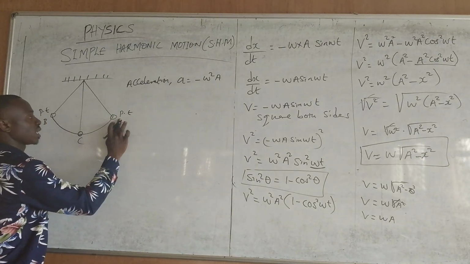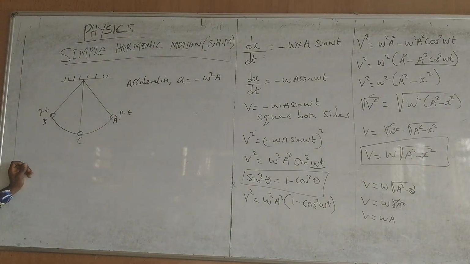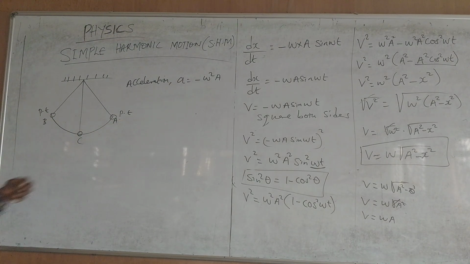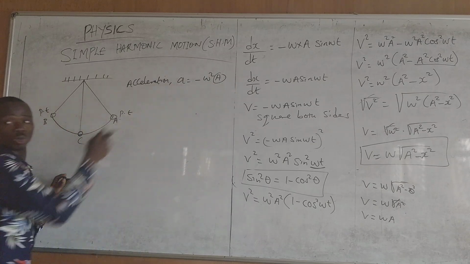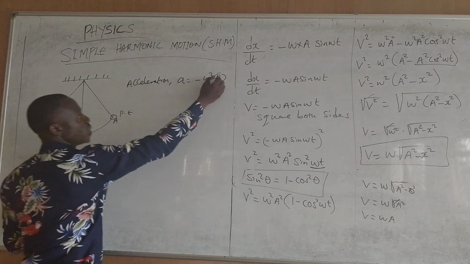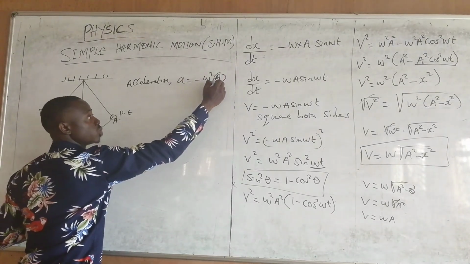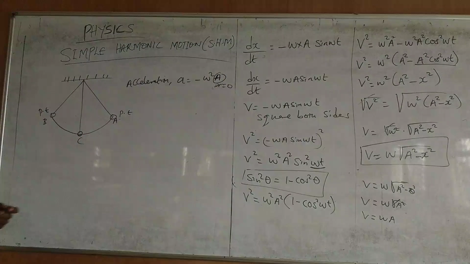Because here, at point A, acceleration is what? Is maximum. Because acceleration depends on what? Displacement. So when we have maximum displacement, acceleration is going to be maximum. If x is equal to 0, what will happen to acceleration? 0.